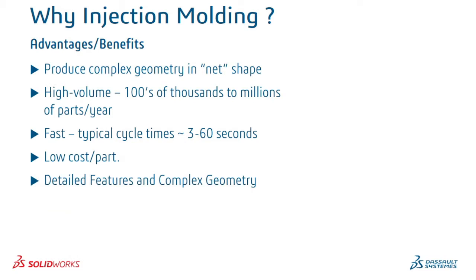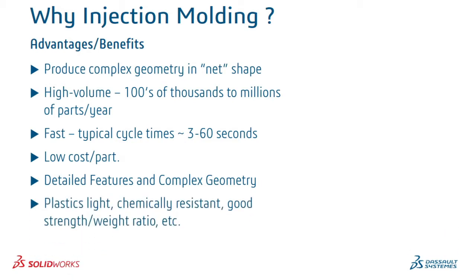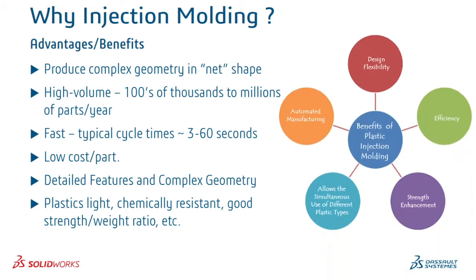Small holes or small ribs, right? Such kinds of features can be manufactured in detail. And obviously they are light in weight, they are chemically resistant, they have a good strength-to-weight ratio. So these are a few advantages, or I would say benefits, why plastics are around us everywhere.